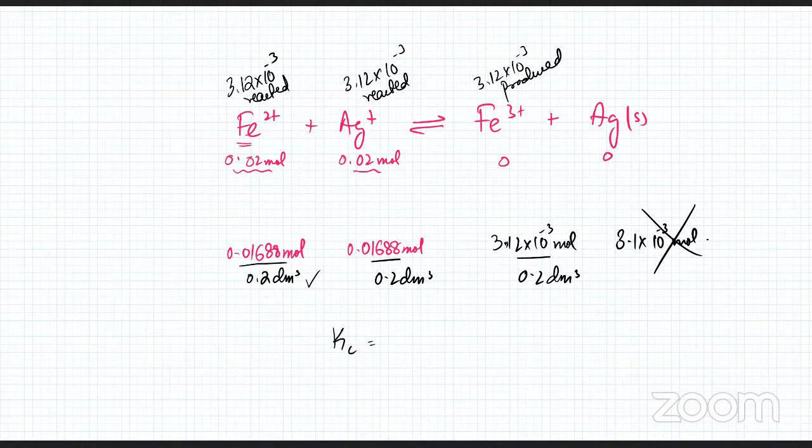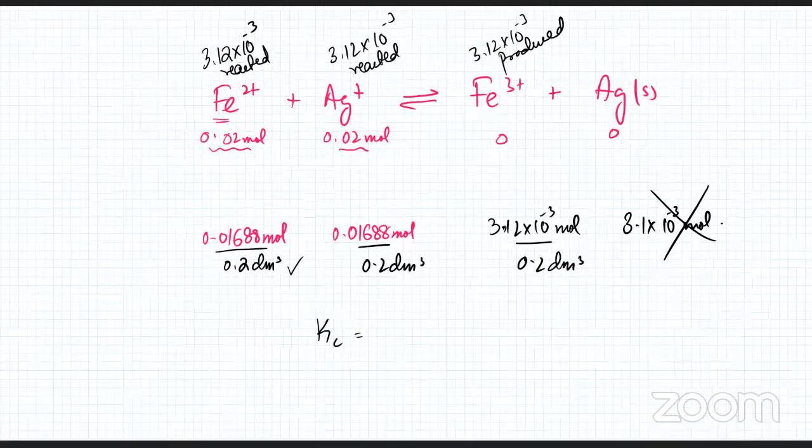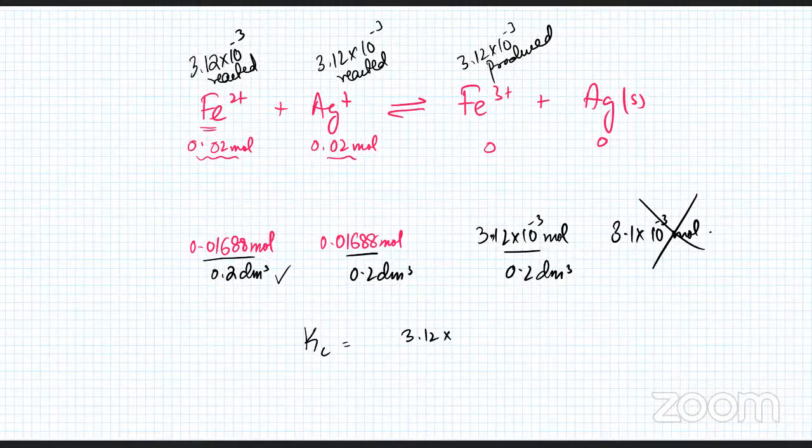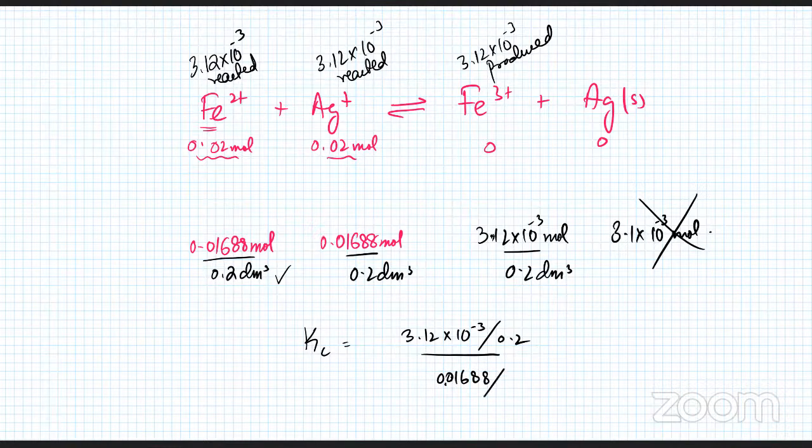What do we get for Kc? So it's 3.12 times 10 power minus 3 divided by 0.2. And at the bottom, it's going to be 0.01688. And that's being squared as well. Is it 0.034?